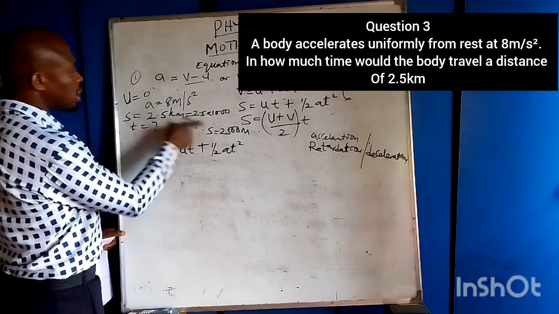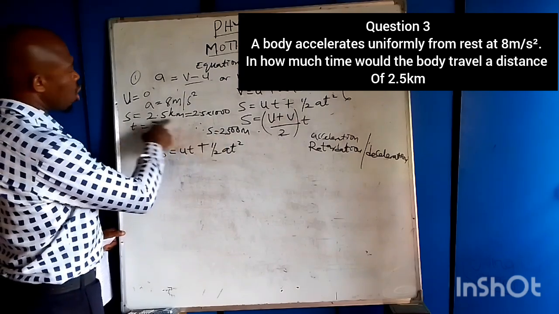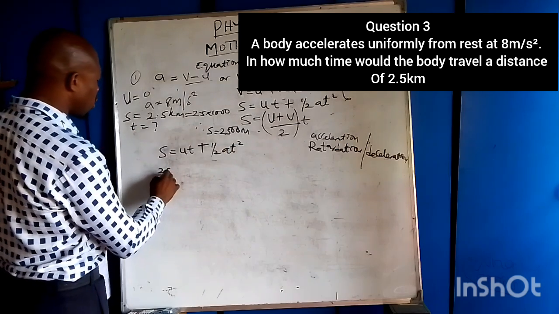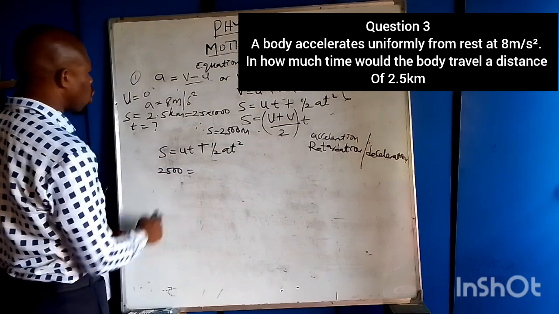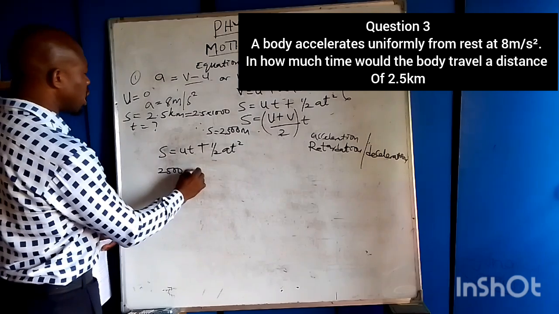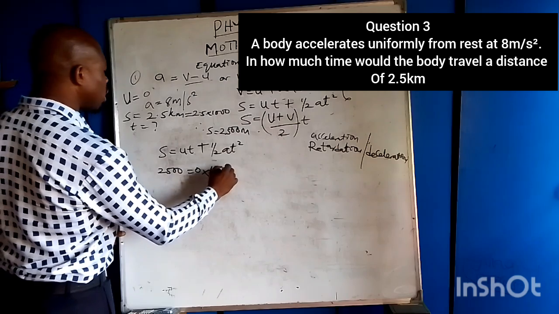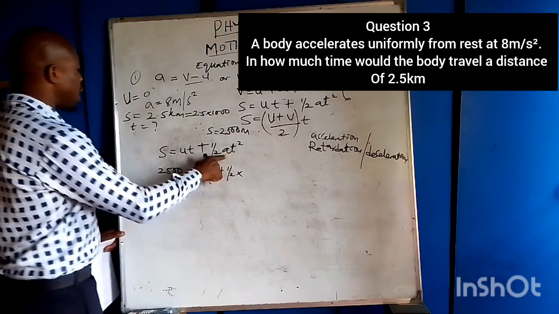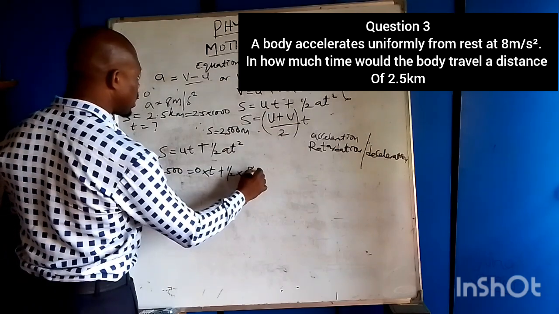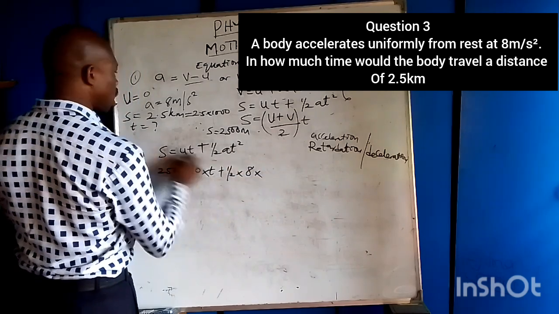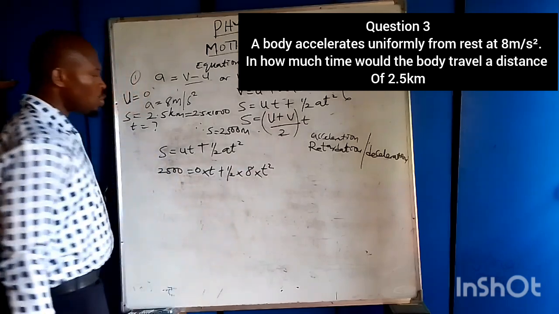We use the converted value instead of 2.5: 2,500 is equal to 0 times t plus half times 8 times t squared, where t is unknown.